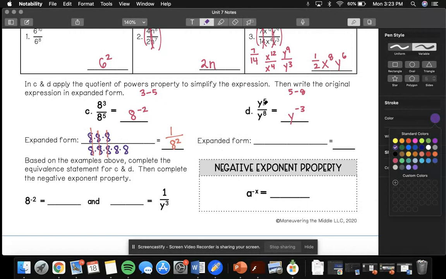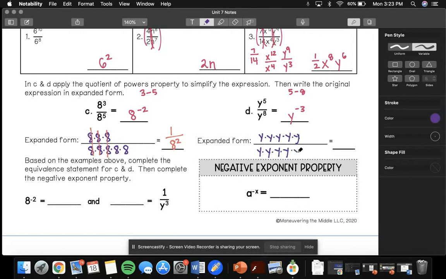All right, now we're going to expand this second problem. Y to the 5th, which would be y 5 times. Okay. And then y to the 8th, which would be 8 times. Okay. Then I'm just going to simplify. Y divided by y, whatever that number is, when I divide by itself, it'd be equivalent to 1.